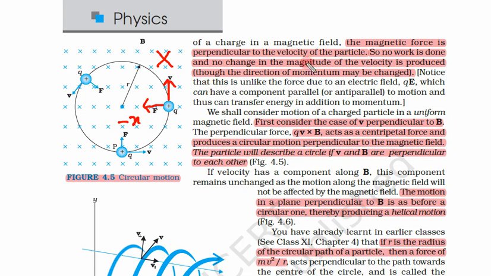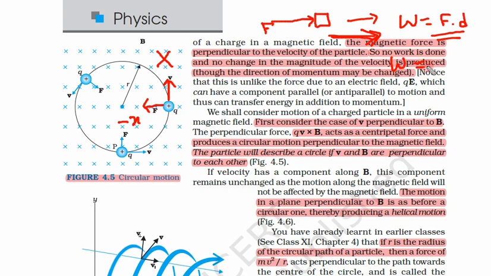Now we know, if we have a box and we put some force on this box, and it moves this way, then we can say the work done is force into displacement. But if there is no movement in the direction of the force, then the work done is 0.